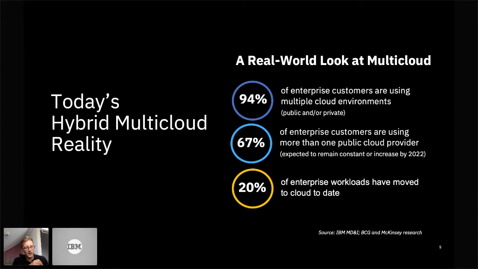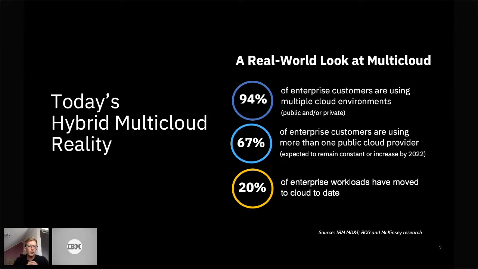What also happened is that enterprises noticed that everything they need cannot really be solved by only one public cloud provider. So today we have the reality that two-thirds are using more than one public cloud provider.